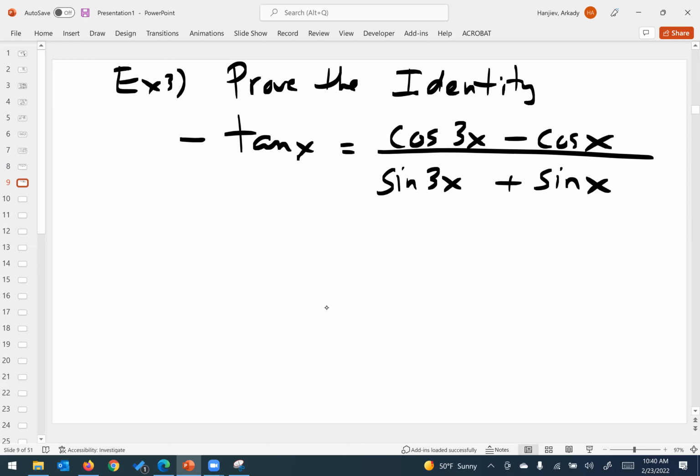Same thing for both of them, what are alpha and beta? Does alpha equal 3x and beta equal x? Mm-hmm, absolutely. So this is negative sine over cosine?